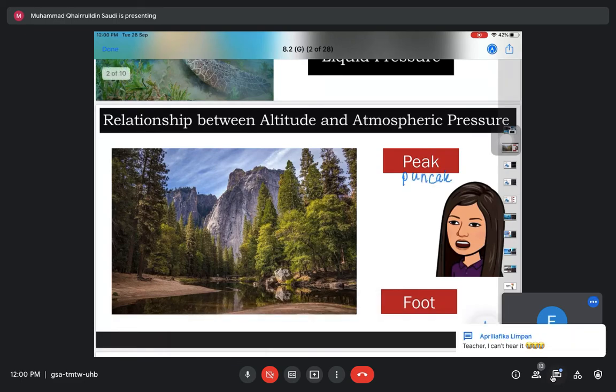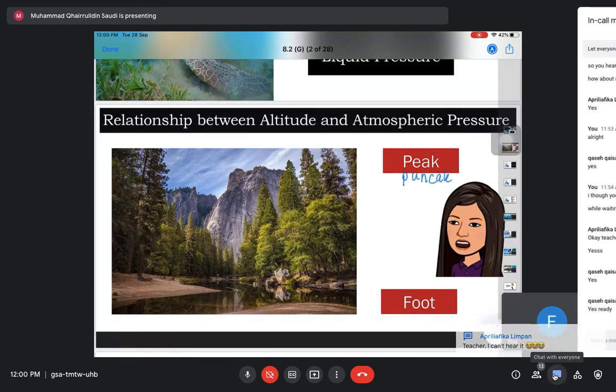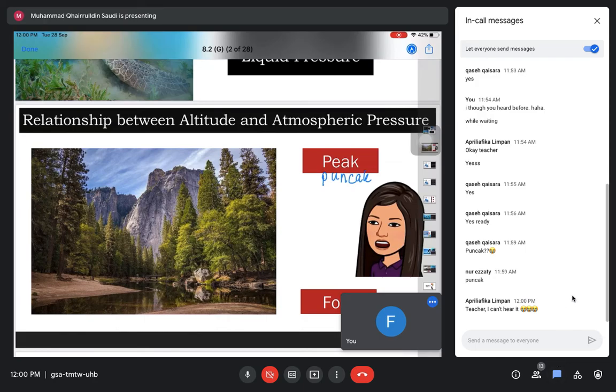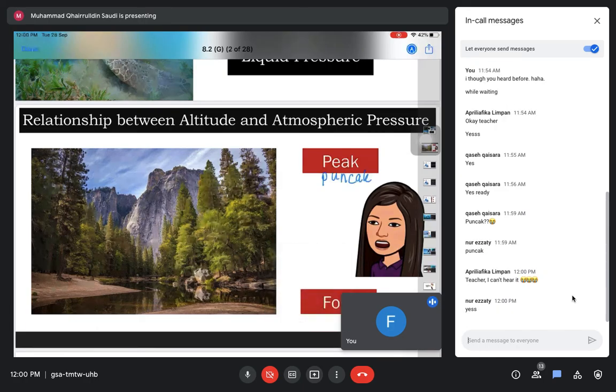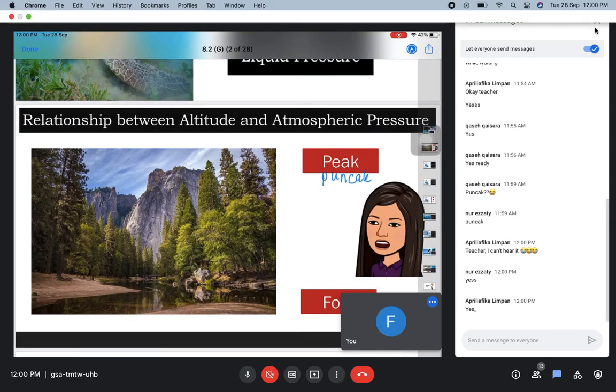What does foot mean? Can you hear my voice, everyone? Is it my internet connection? You can hear me clearly now? How about Oshin? Can you hear me now, Oshin? Okay, good. Next time, if my voice suddenly disappears without me telling you, you have to tell me, because I don't know. Sometimes my internet connection is going haywire.